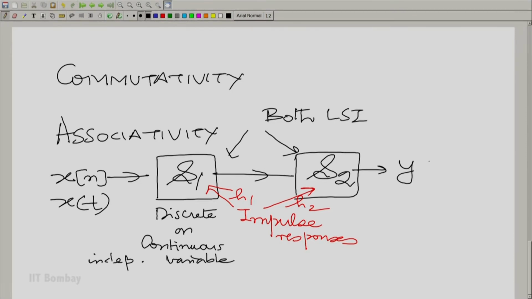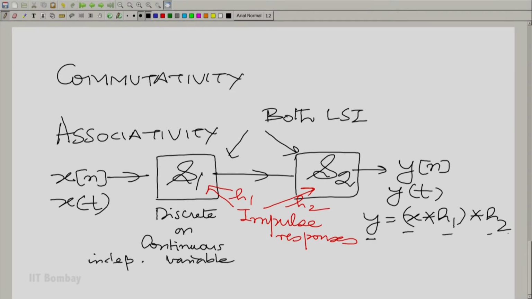So, what do you expect the output to be? y[n] or y(t), and in fact, now we will not distinguish continuous and discrete. So, we will simply put down y is equal to x convolved with h1 first and then convolved with h2. Here it could be continuous y, continuous x, h1, h2, or discrete y, discrete x, h1 and h2.